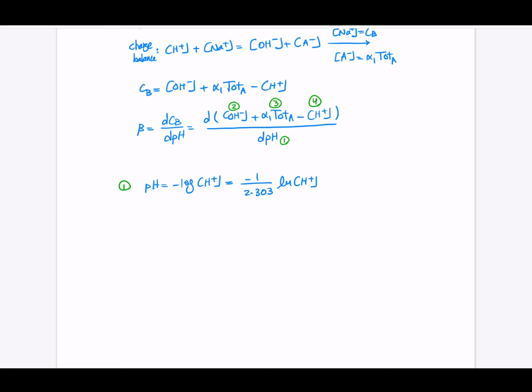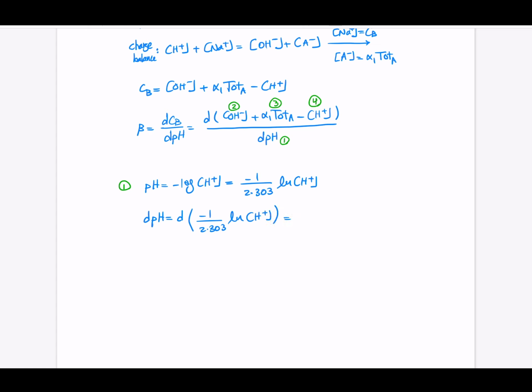Just a simple conversion between log and natural log, because it's easier to work with natural log when it comes to derivatives. So now we have this expression for pH, then dPH is d of minus 1 over 2.303 ln H plus.